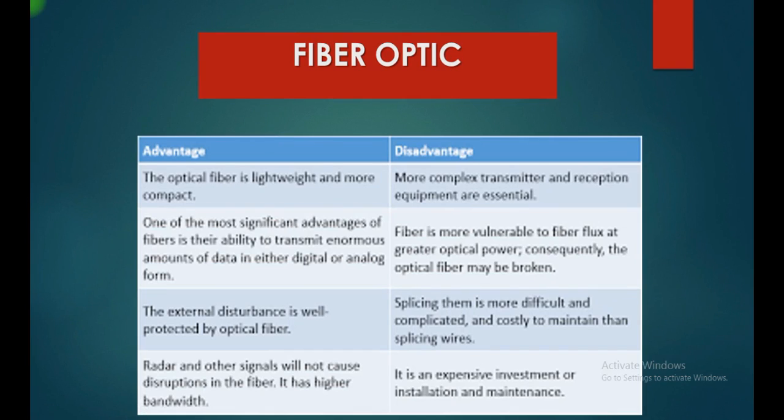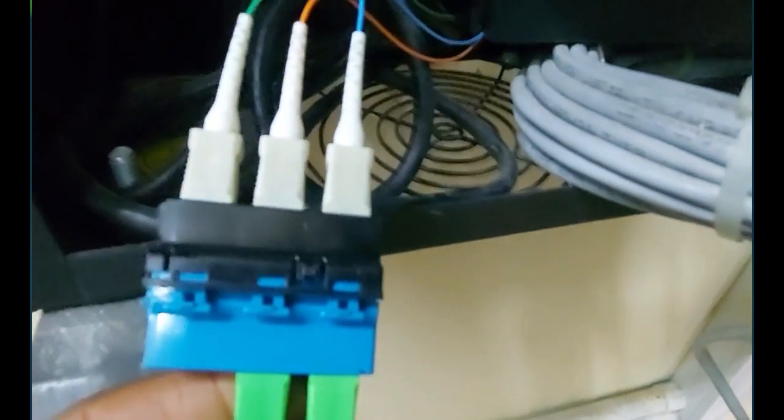In terms of advantages and disadvantages, pros and cons, you find that the fiber optic is way more expensive than the two predecessors. Also, the technology behind it is different, so it requires different technical knowledge to install it and to maintain it.